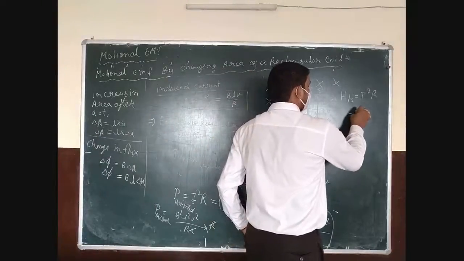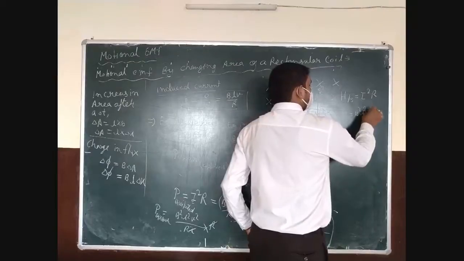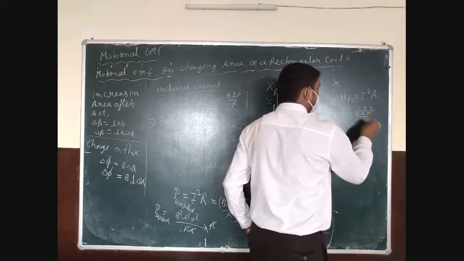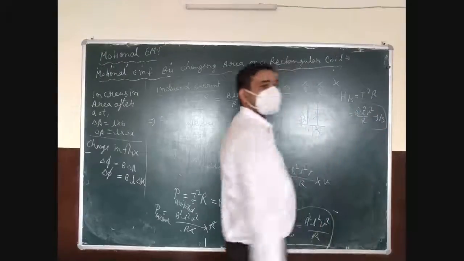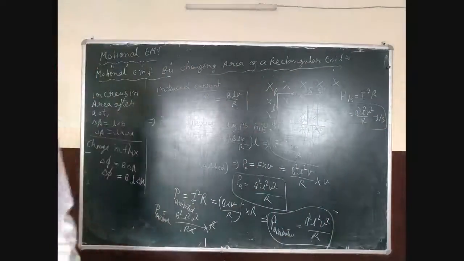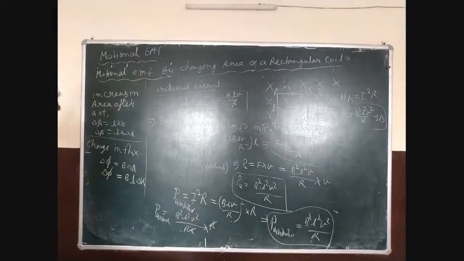So, heat is equal to B square L square V square upon R joule per second. Okay, this is the final description about the motional EMF by changing area in magnetic field.